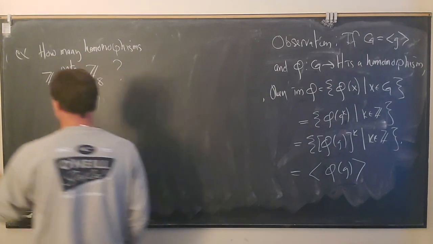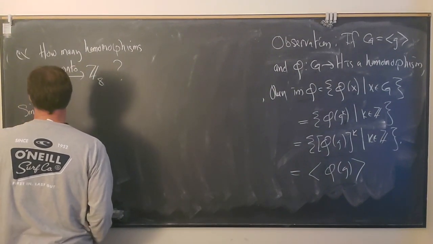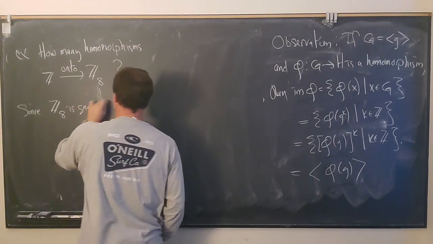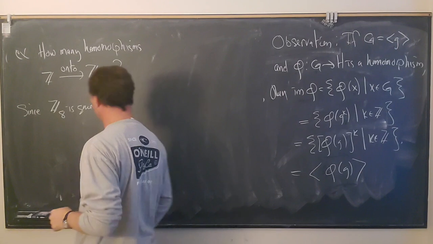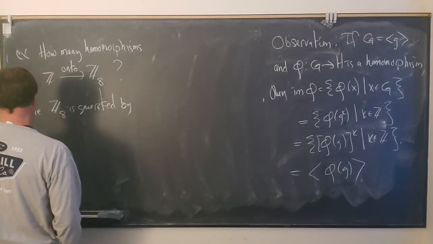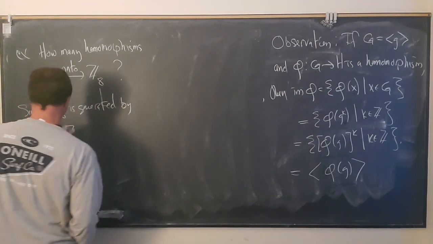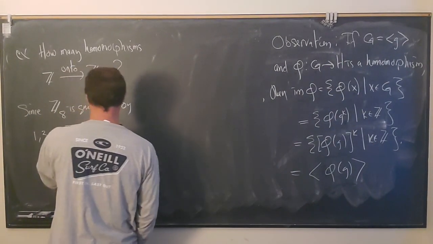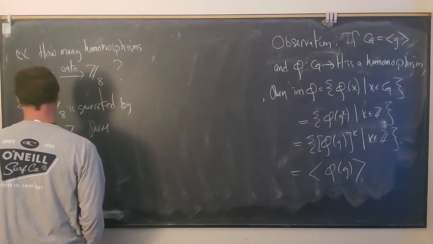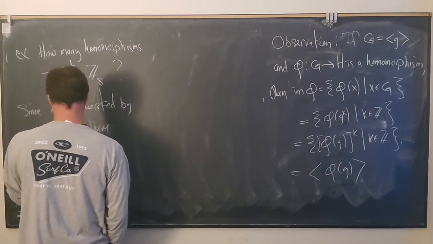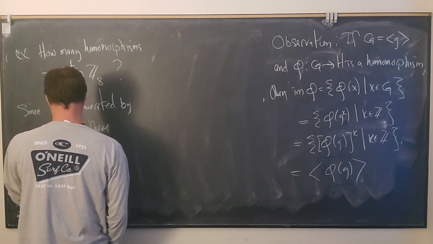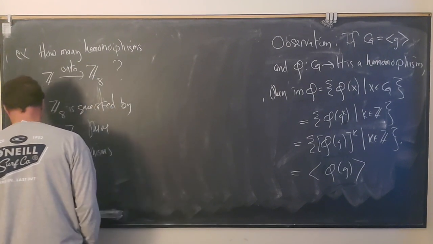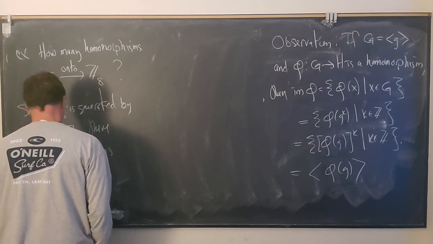So since Z8 is generated by, let's see who are the generators, 1, 3, 5, and 7. Any one of those 4 elements will be a generator. There are 4 homomorphisms that are onto.